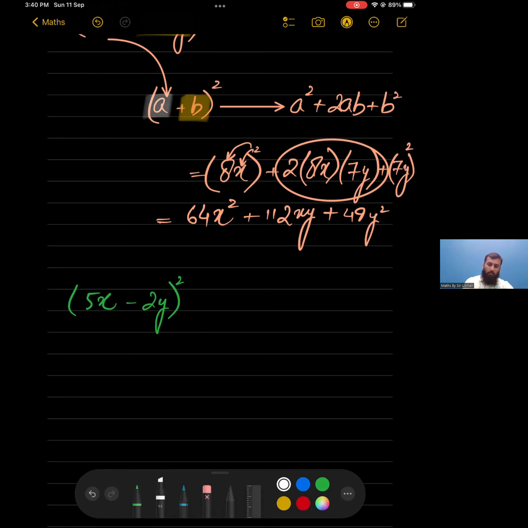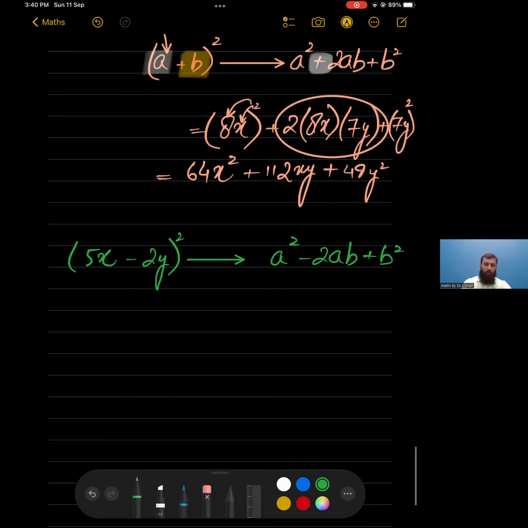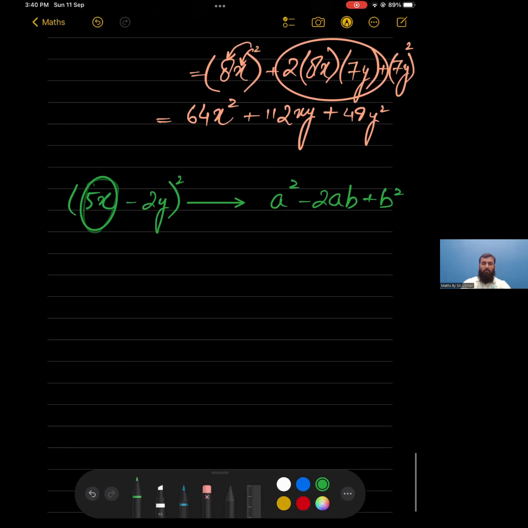We would have the center sign over here, which is positive right now, replaced with a negative sign. So this is going to be the case of a squared minus 2ab plus b squared. Now you have got the first term 5x in place of a, whereas in place of b you have got negative 2y.